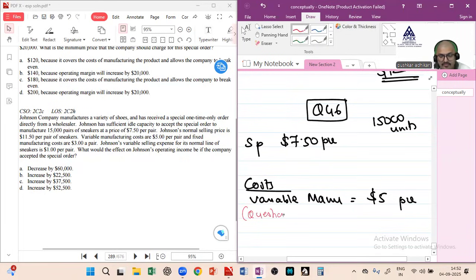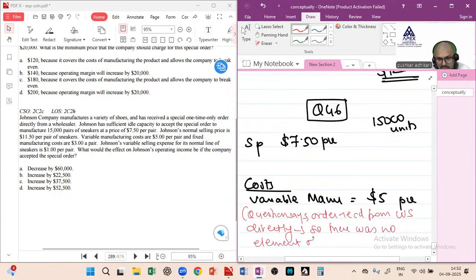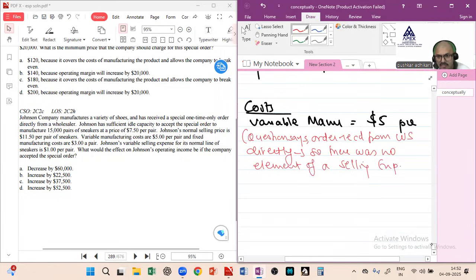Now see, the question says, order received from wholesaler directly. So there was no element of a selling expense over here, as it has come directly.